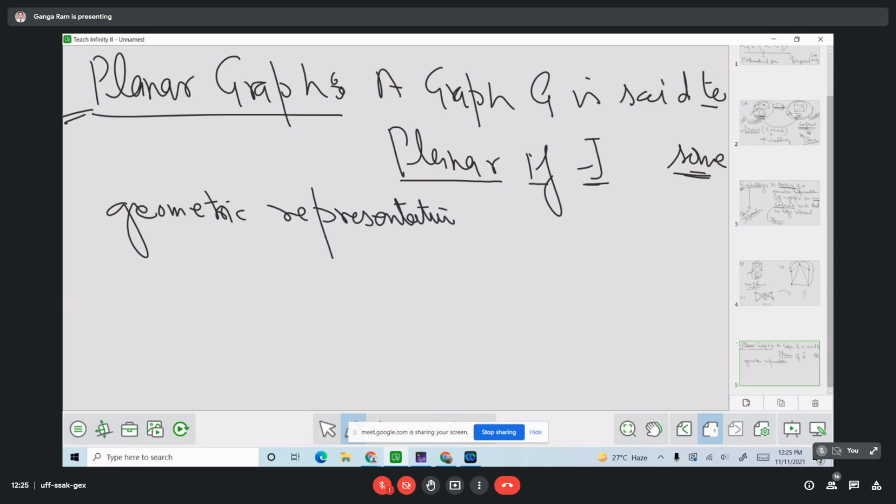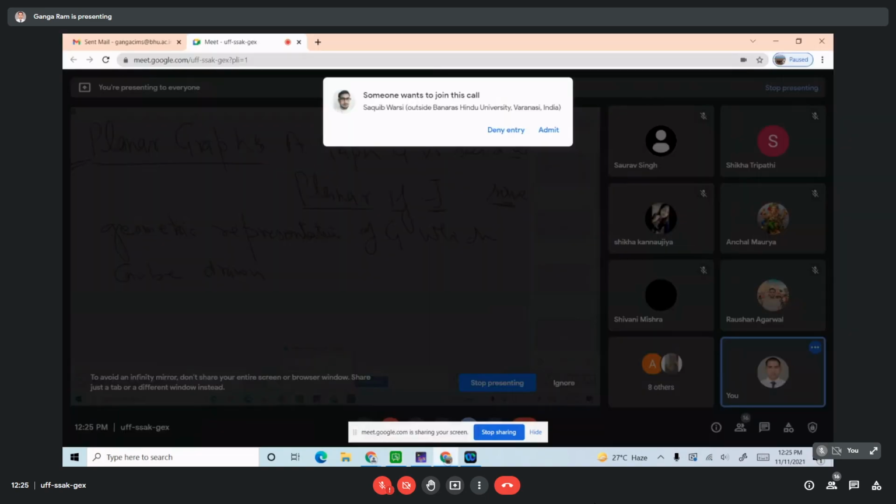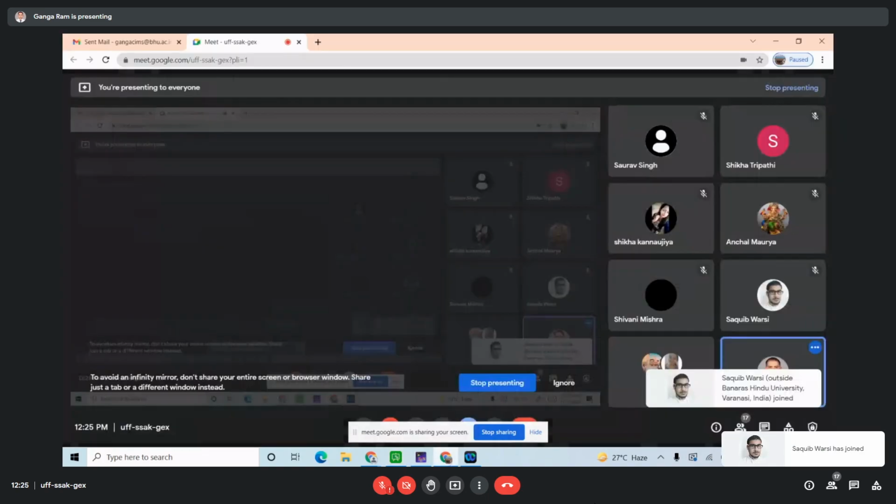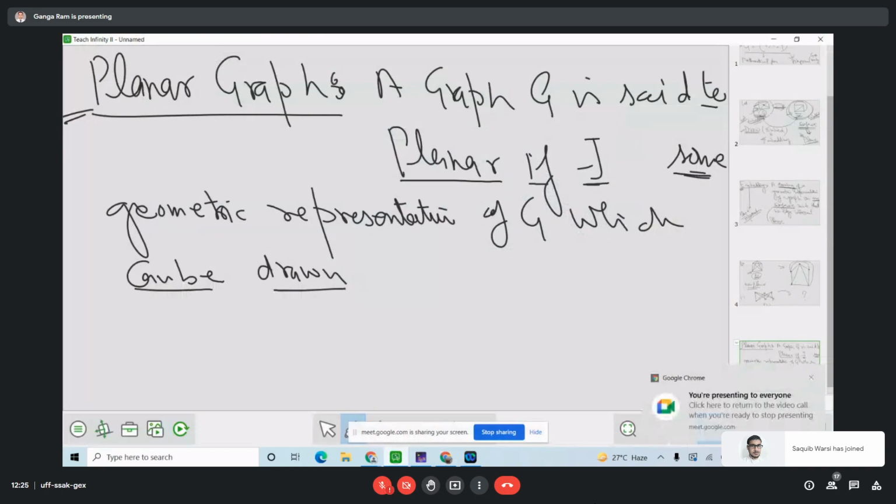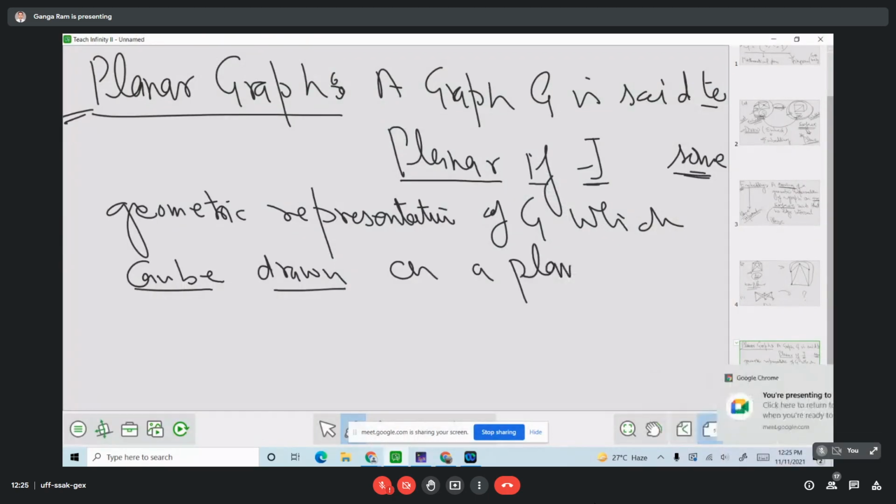of G which can be drawn on a plane, because we are talking about planar graphs.